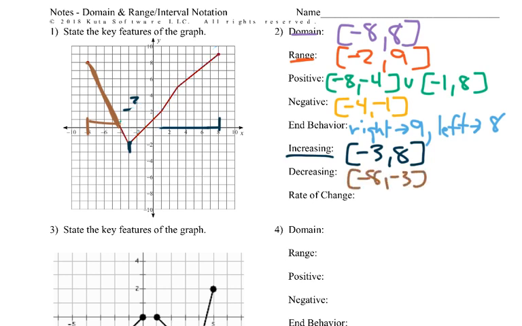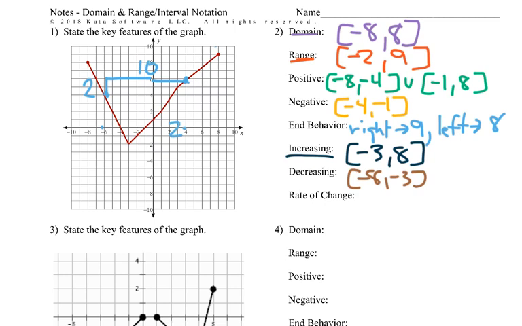For the rate of change, because it's not a linear function, we'd have to pick some points. So we'd say from -6 to +4. -6 is right there, +4 is right here. So we find the slope. We'd go up 2, to the right 6 and 4, so 10.